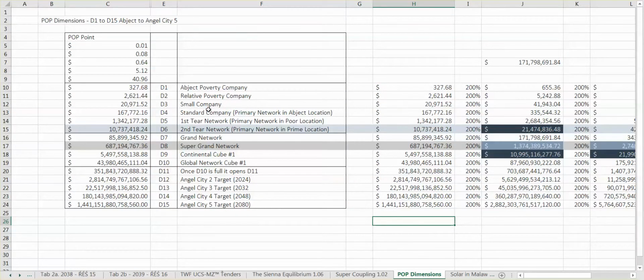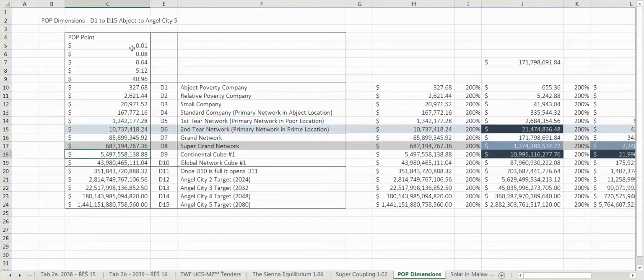This is POP dimensions, and you can see it starts at 1 cent, times 8 for 8 cents, times 8 for 64, times 8 for 512, and we start at the D1 dimension, which is the lowest annual wage possible. It can be lower, but that's pretty average in Malawi, for instance, and each time we multiply by 8.